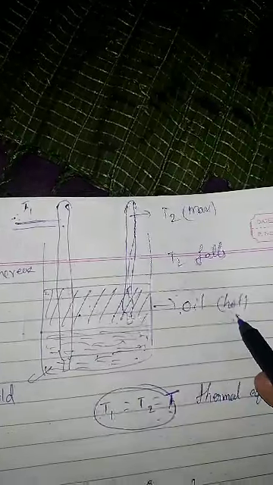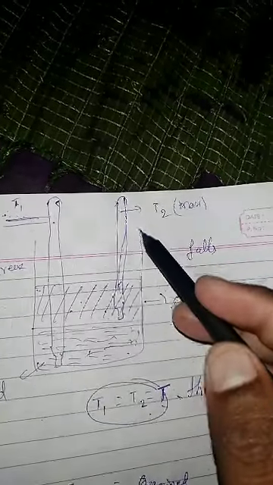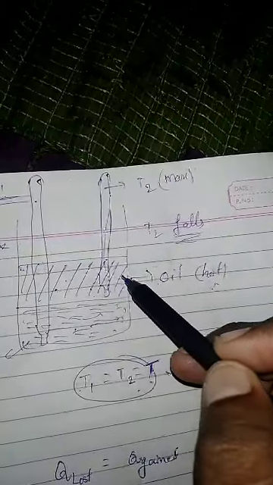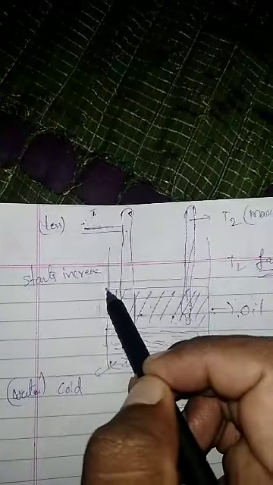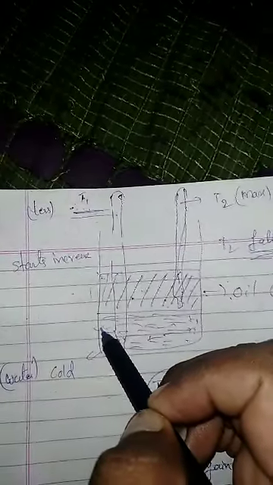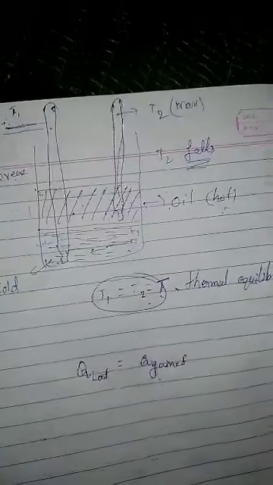The oil, because it was taken hot, and at thermal equilibrium its temperature falls. When the temperature falls, the temperature of oil decreases. That means oil loses heat and water gains heat. If we measure the heat lost by oil and the heat gained by water, then both are equal according to the laws of calorimetry, and that gives thermal equilibrium.